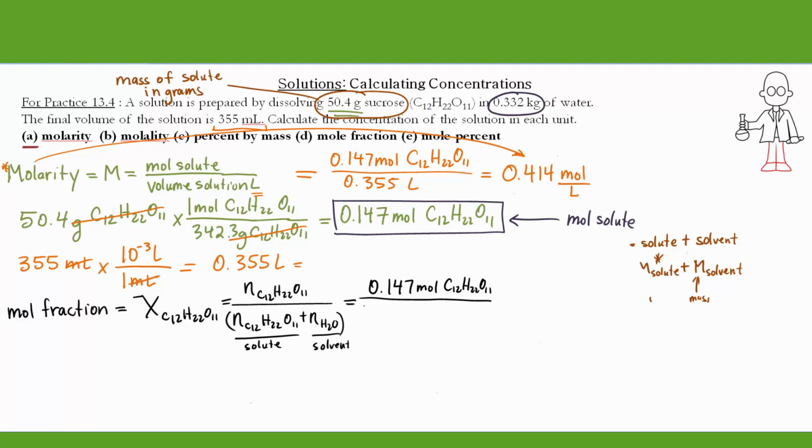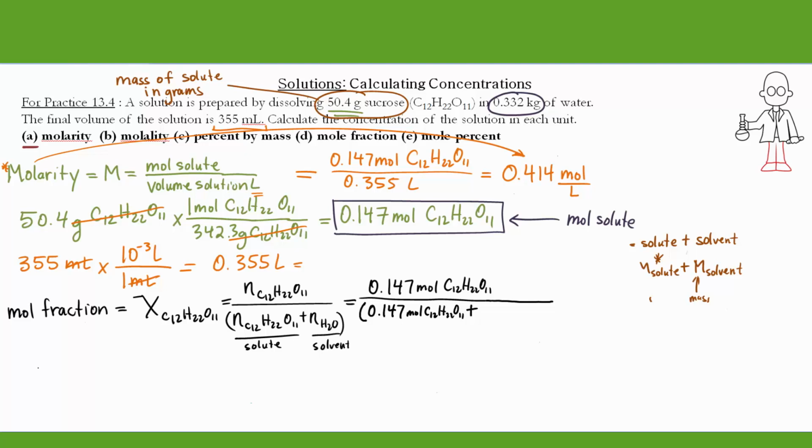And we come to the denominator to add the solute again, 0.147 moles C12H22O11 plus the number of moles of water. Well, we were not given the moles of water. We were given a mass of water.